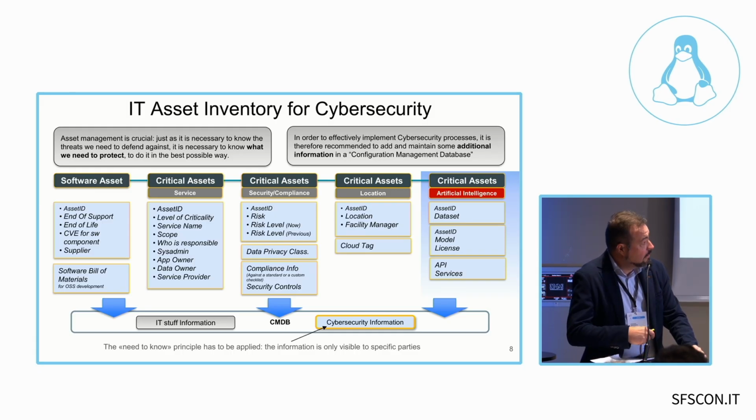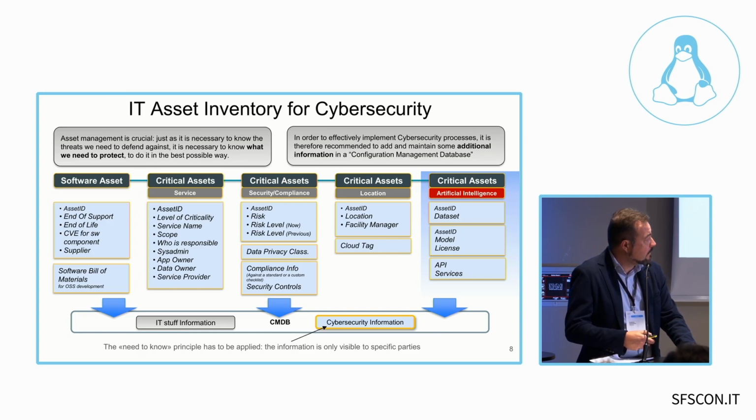And artificial intelligence is here, because if you use artificial intelligence, you have to inventory also all the components, the data flows, the model, the licenses, the API, the external third parties, and so on.